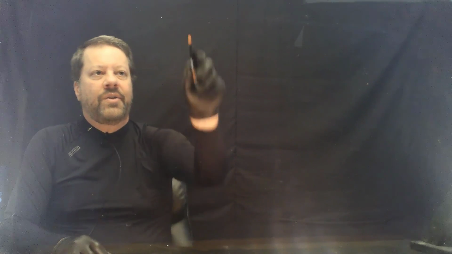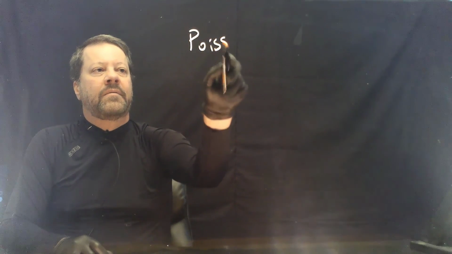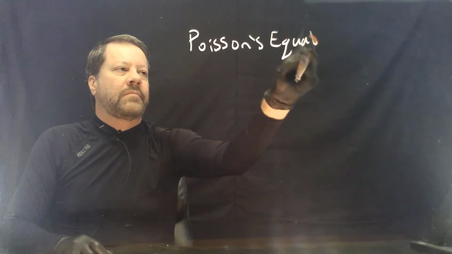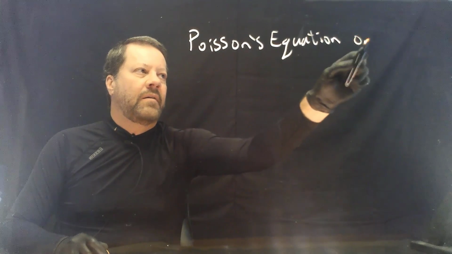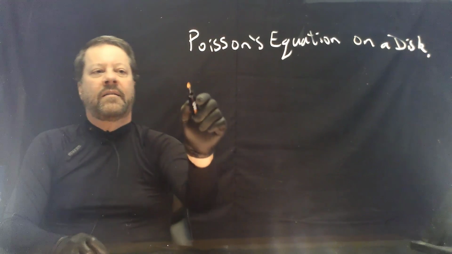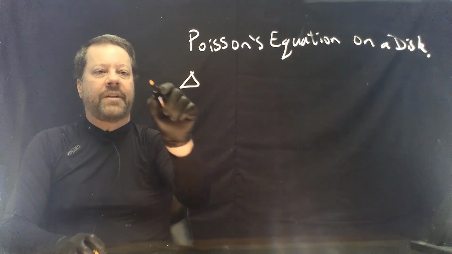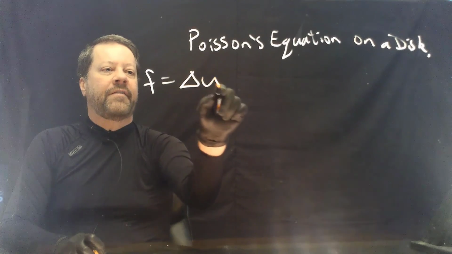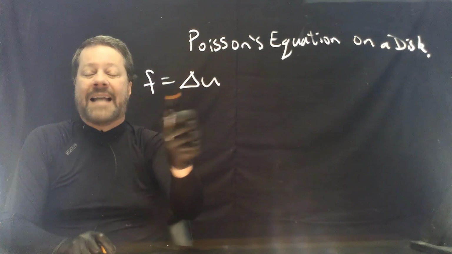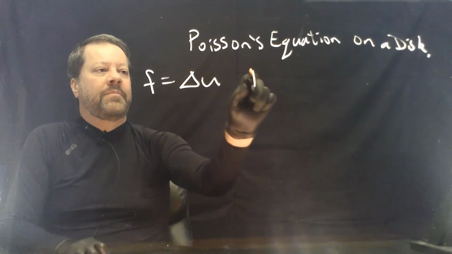We next turn to Poisson's equation on a disk. So Poisson's equation is some function f is equal to the Laplacian of u. So we have a non-homogeneous problem.